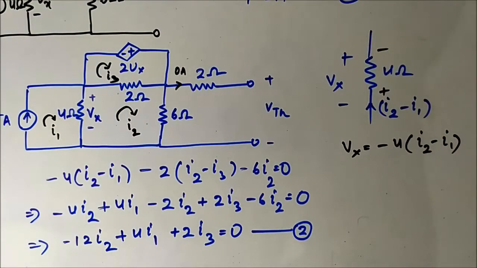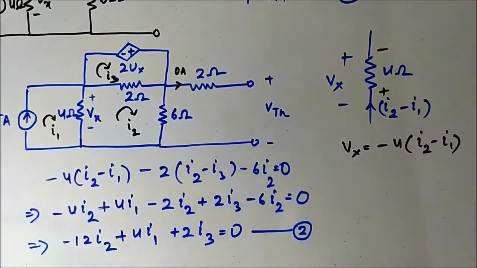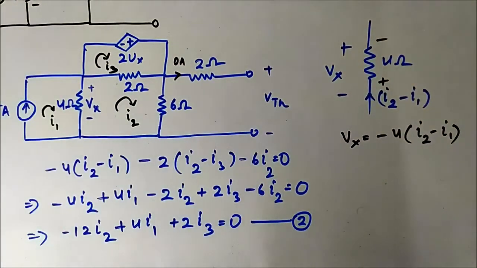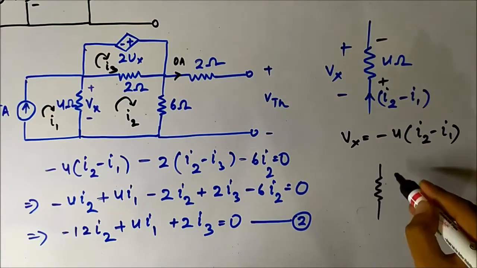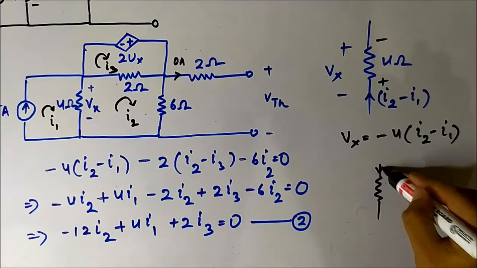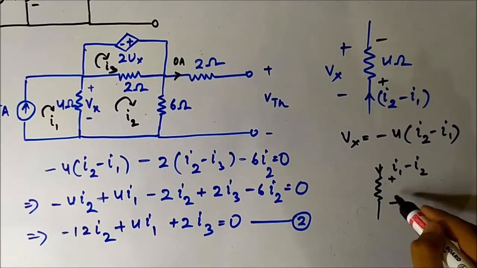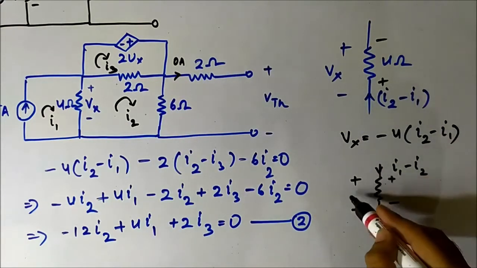But if you consider I1 flowing downwards as the reference, let me draw it again. If you consider I1 as the reference, then the current flowing will be I1 minus I2, and the polarity will be the same as the voltage drop polarity which is being asked in the question.